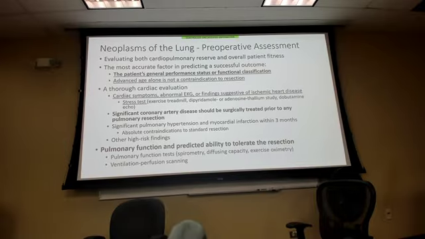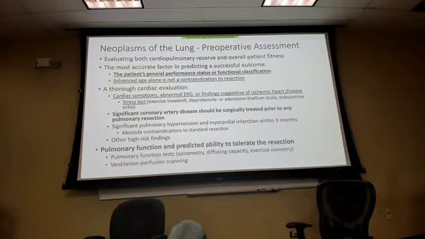All right. What do you think we want to look at preoperatively when we have a lung cancer, when we're going to go to the OR to do something? Think back to that first lecture. We want to know their functional classification, right? Can they walk to the mailbox? Can they walk up a flight of stairs?